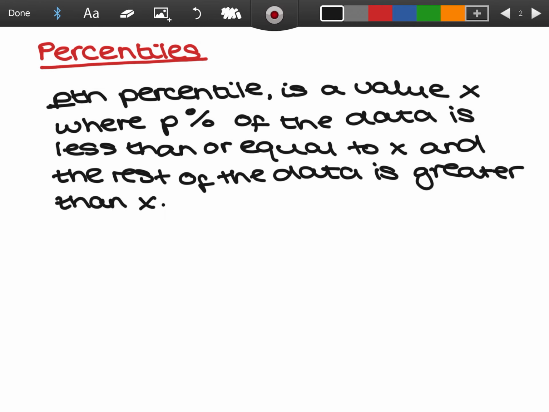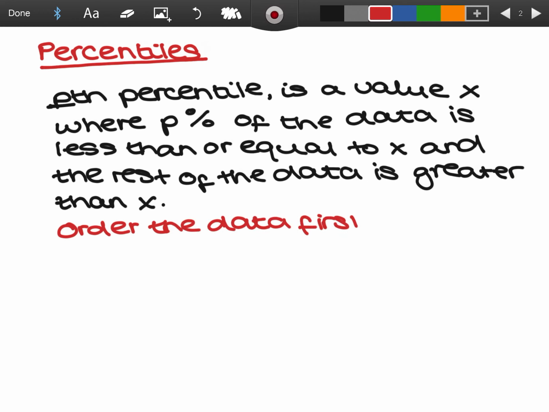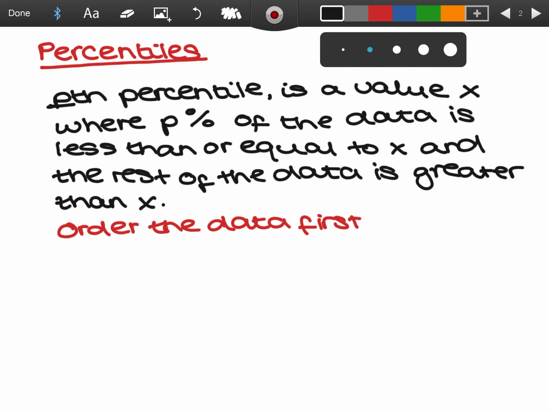Okay, again, we have to remember to order our data first. Otherwise, saying that something's less than or greater than doesn't make any sense when you haven't yet ordered your data. Okay, so make sure that when you do this, you order your data first. Now, when you do this, you're going to be finding where that data point actually lies, okay?